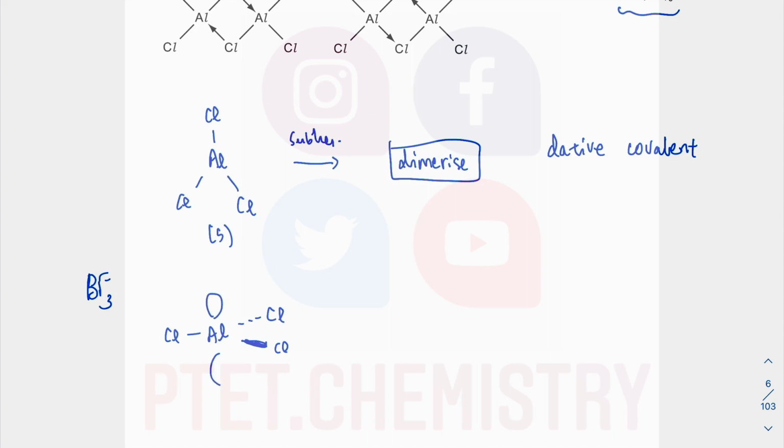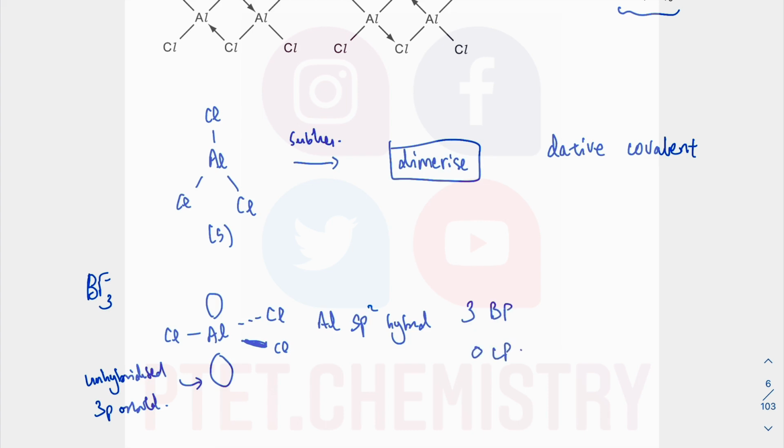There is an unhybridized 3p orbital, because the aluminium there is just sp2 hybrid, because you got 3 bond pair and 0 lone pair, all right? So you have 3 electron pair, because 3 plus 0 is equal to 3.